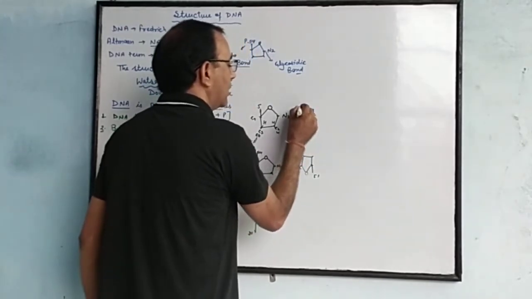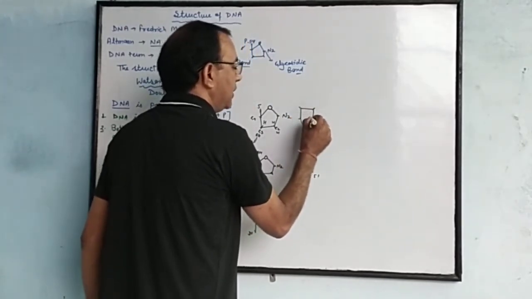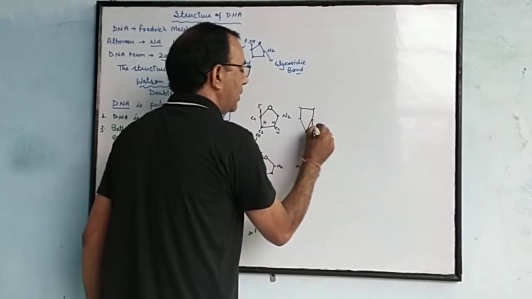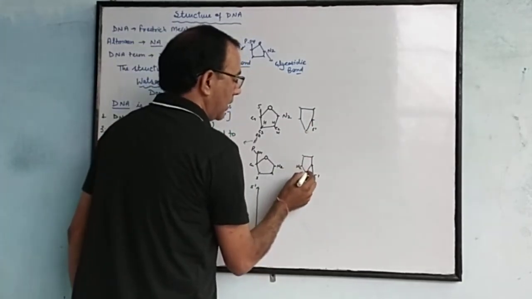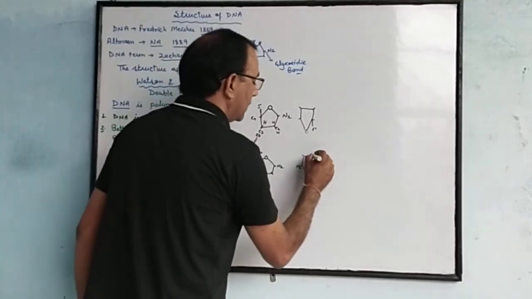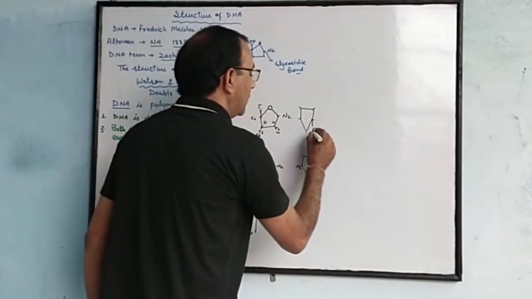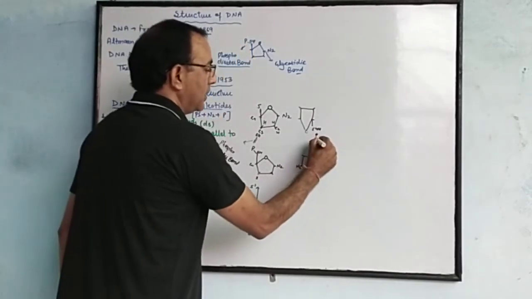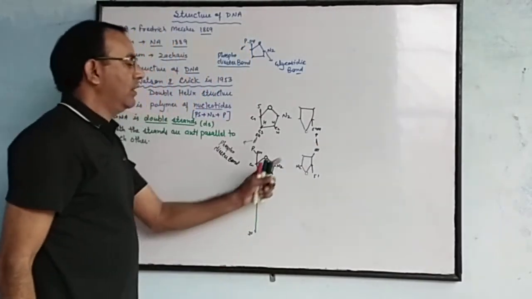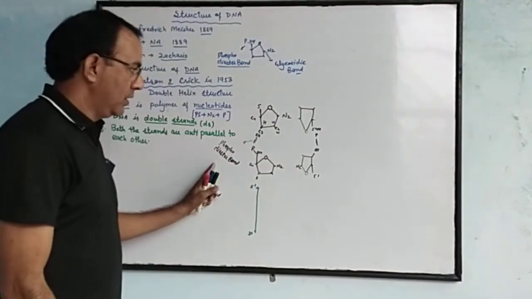Carbon number 1, 2, 3, 4, and this one is carbon number 5. Here is first, second, third, fourth, fifth. The third contains OH. Here is P, and it also contains OH, CH2OH. Here a bond is also formed, that is called phosphodiester bond.